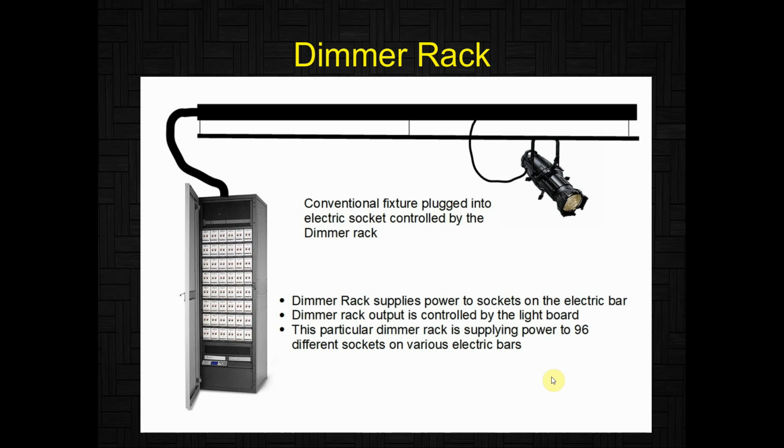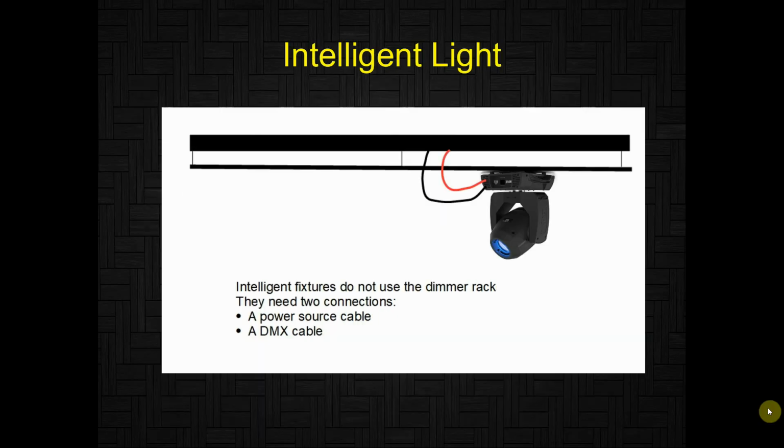The lighting console sends a signal to the dimmer, tells it how much power to send to the light, and then the conventional light is just plugged into a certain socket. Just have to know what lights are plugged into what sockets so that we can tell what dimmer is actually controlling that light. Now with an intelligent fixture, they do not need the dimmer rack at all.